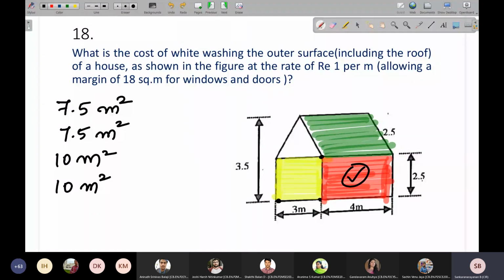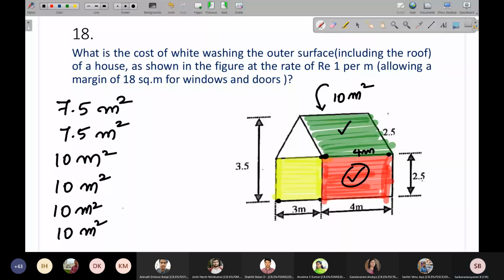That comes to 4 meters into 2.5, again a 10 meter square area. But that is this side, and over here also you can consider a 10 meter square area. So 10 meter square and 10 meter square. You can consider two such areas.